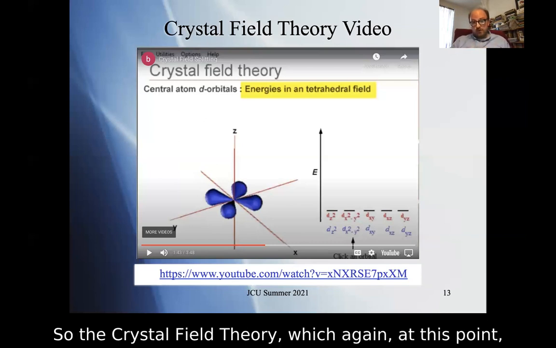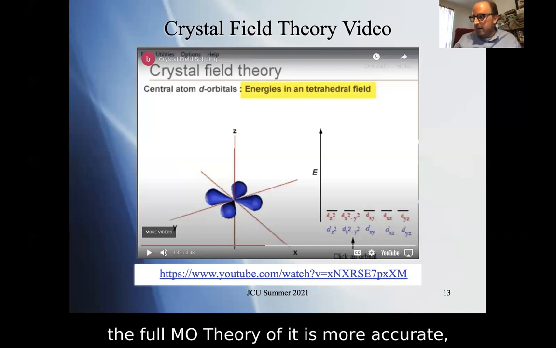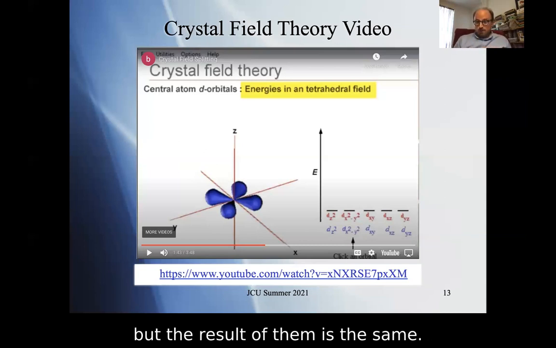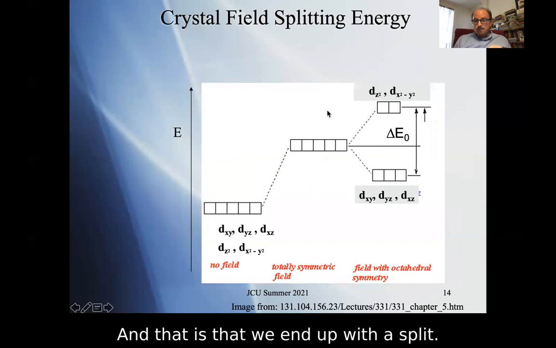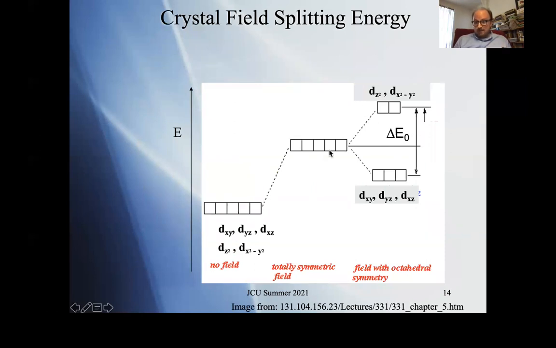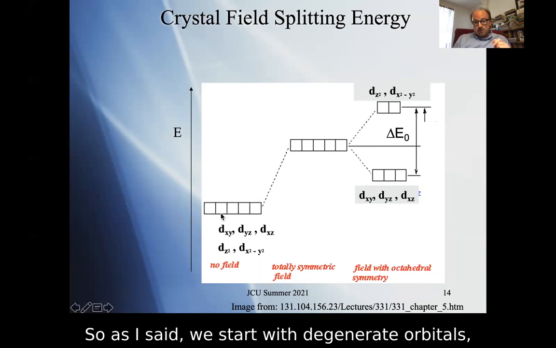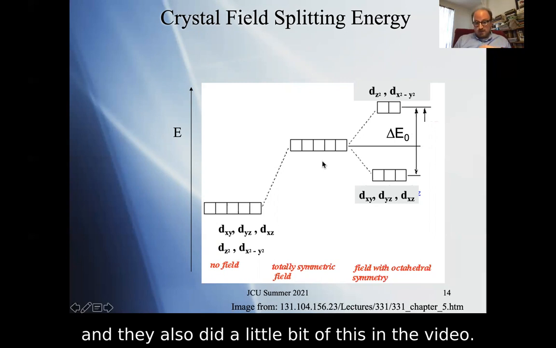So the crystal field theory, which again, at this point, the full MO theory is more accurate, but the result of them is the same, and that is that we end up with a split. So as I said, we start with degenerate orbitals, and they also did a little bit of this in the video.